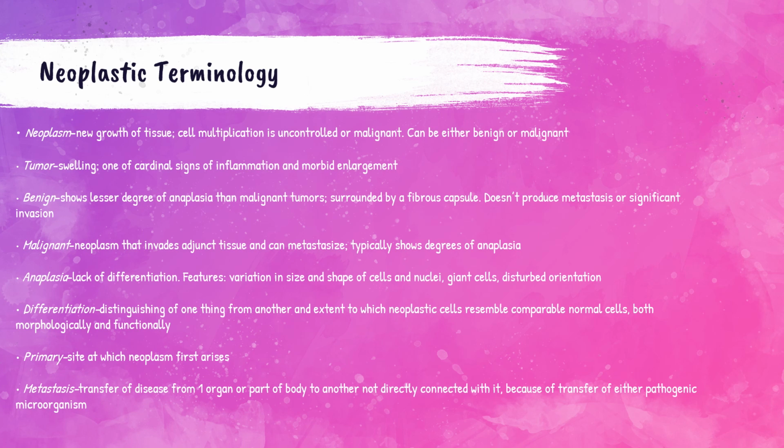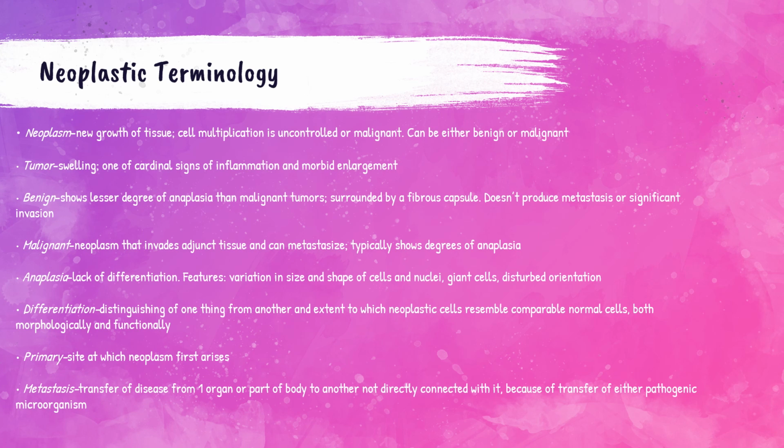A benign neoplasm means that there is a lesser degree of anaplasia than malignant neoplasms. Benign neoplasms are surrounded by a fibrous capsule and don't produce metastasis or any significant invasion of other tissues. Malignant neoplasms are those that invade nearby tissue and metastasize. Malignant neoplasms typically show degrees of anaplasia, which is a lack of cell differentiation.